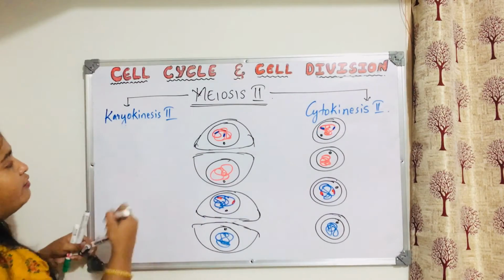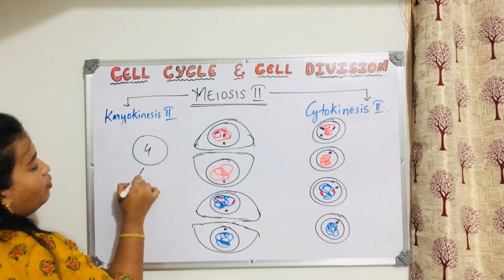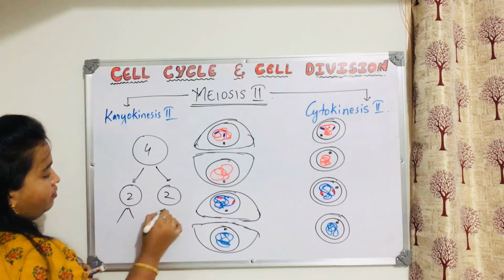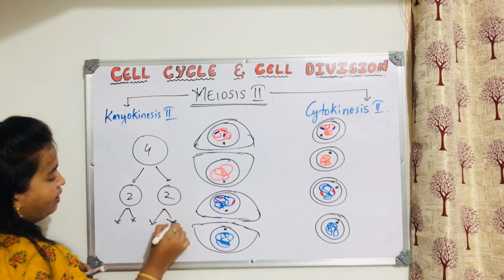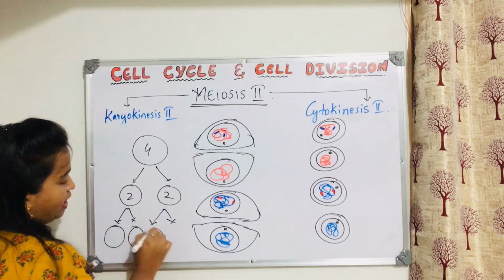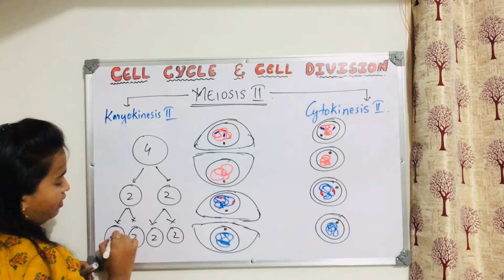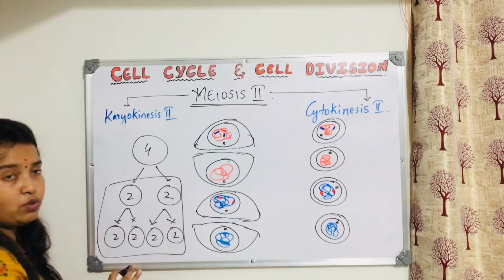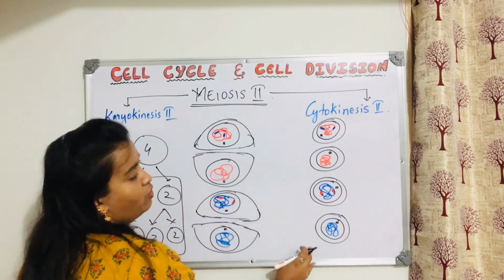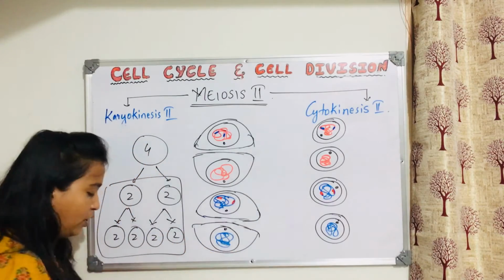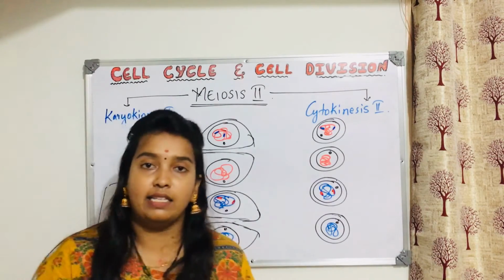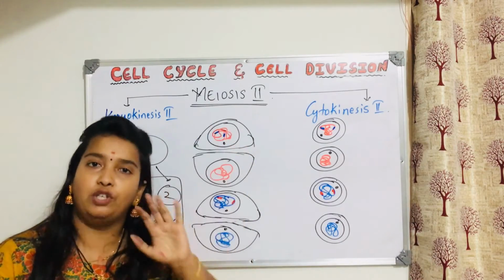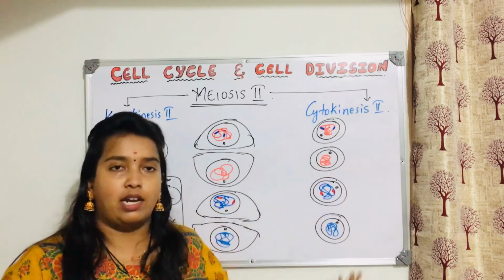So we have proved this, what? Blueprint. What was the blueprint? We need to show 4 cells in meiosis 2. So we started with 2 cells, we ended with how many cells? 4 cells. All these 4 cells we call gametes, and this is the end of meiosis 2, including cytokinesis 2.